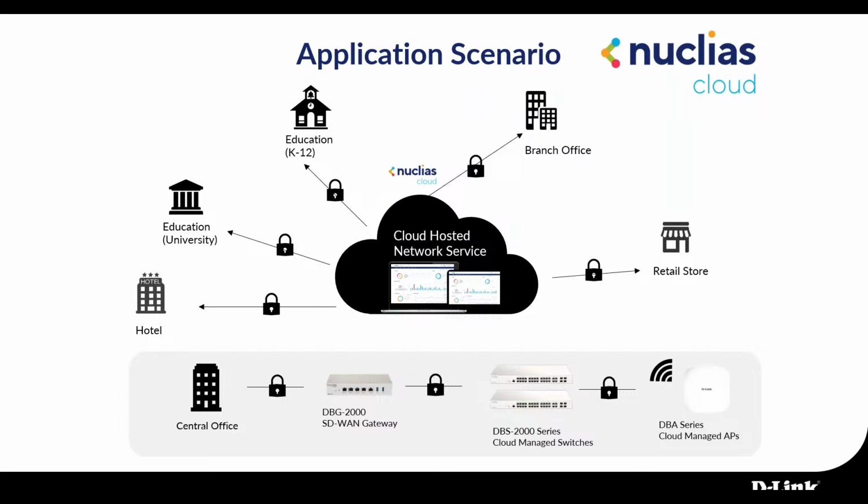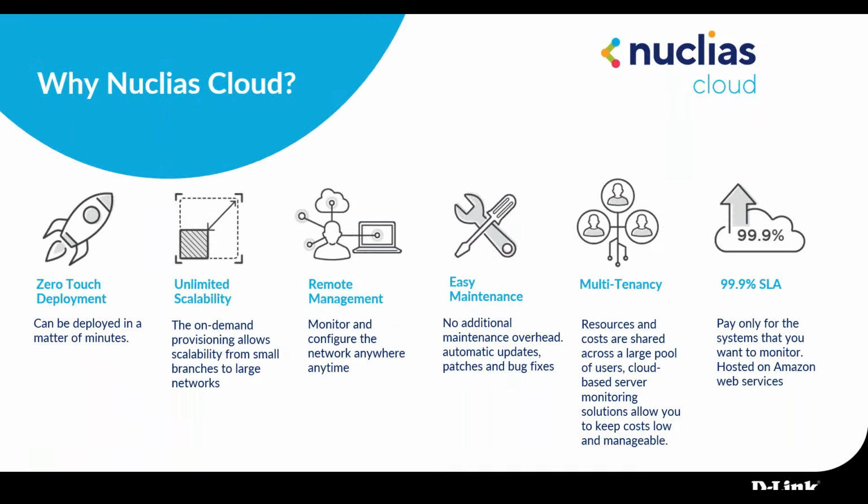All of those devices communicate back to the cloud and are managed via the cloud, whether that is one site or 1,000 sites, whether I'm an MSP managing one business or 1,000 different businesses. I can do that all from the cloud hosted interface that Nuclias Cloud provides.